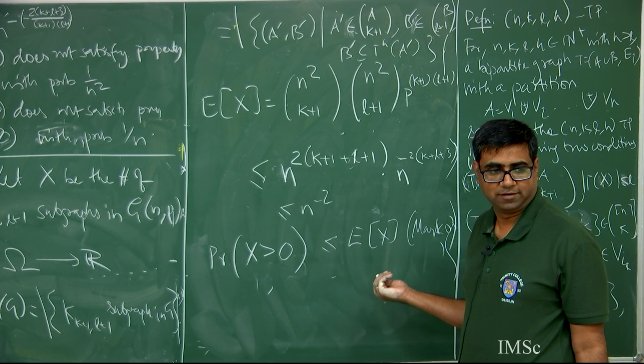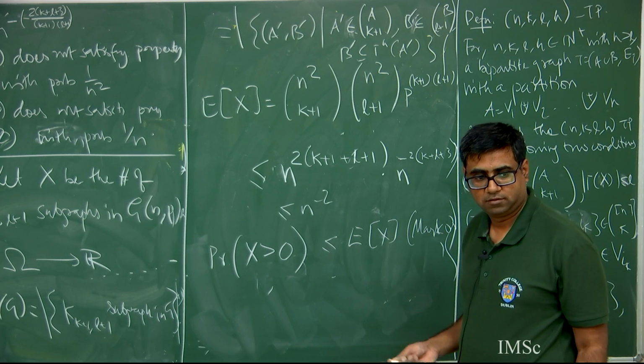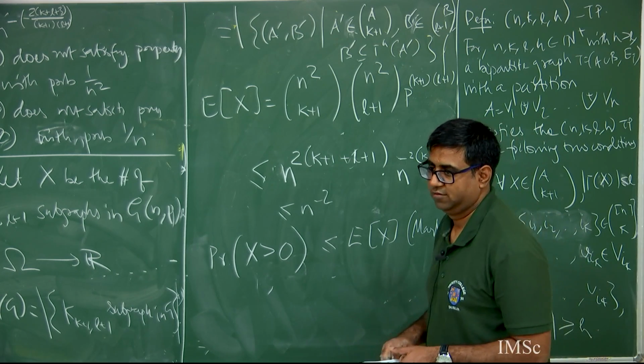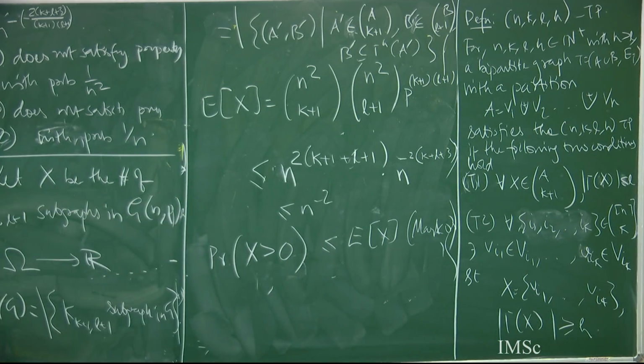Everybody looks very blank. You don't know Markov's inequality? I mean, you shouldn't do theoretical computer science. You should do something else in life then. Haven't done any course in probability? This is the most basic tail inequality.